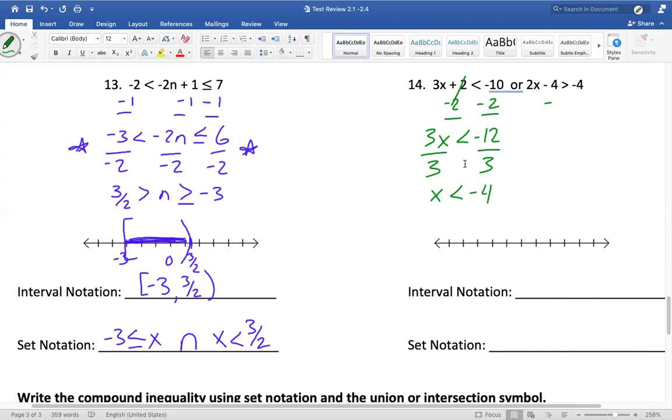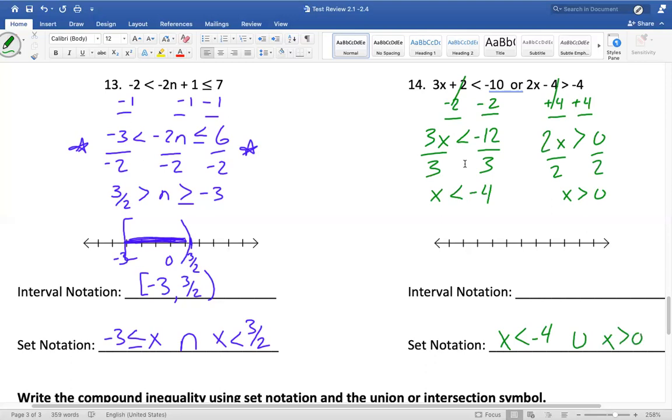Here, add 4, that's going to be a big old 0. Divide by 2, x is greater than 0. Now, here, okay, it's easy. We can jump down to set notation real quick. X is less than -4, or x is greater than 0. I just put that u in between that.